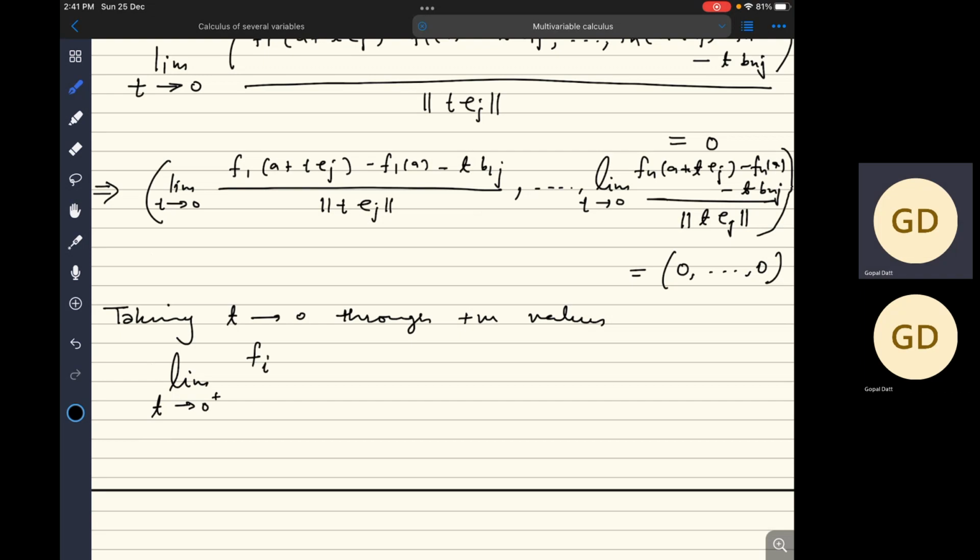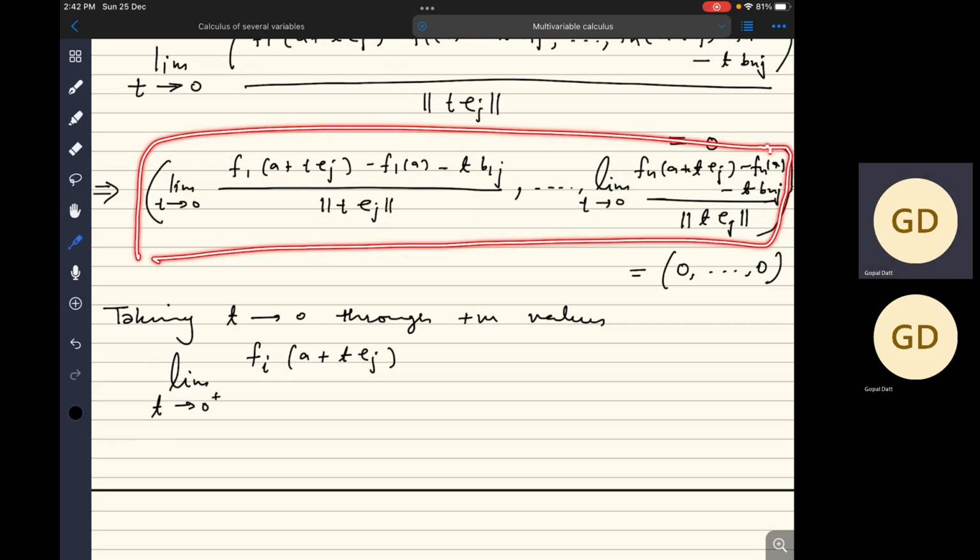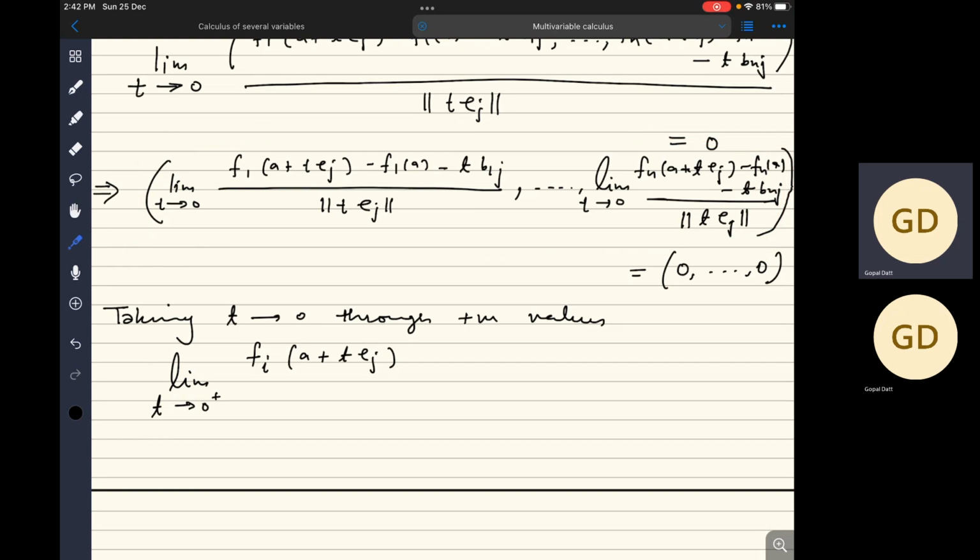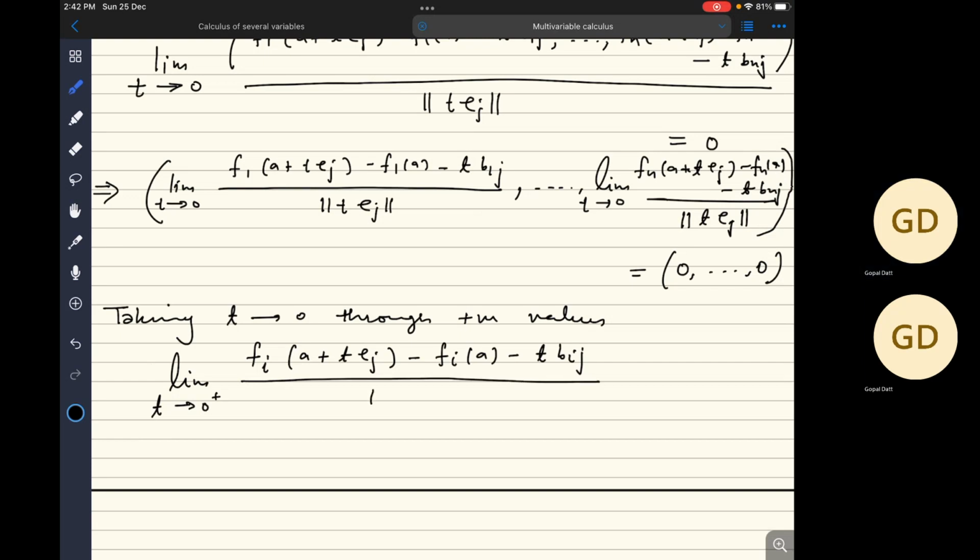इसको नाम मैं देता हूँ fi(a + tej). मान लीजिए कि मैंने इस वेक्टर से ith component में मैं काम कर रहा हूँ। यहाँ पर ith component के साथ काम कर रहे हैं। So this is fi(a + tej) minus fi(a) minus tbij, divided by norm tej. Norm tej is t, norm ej is 1.